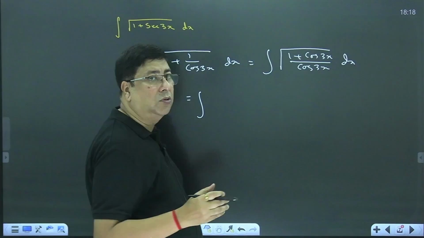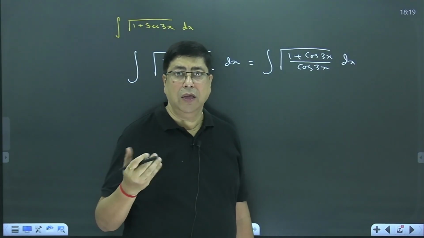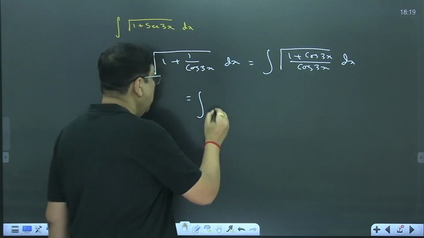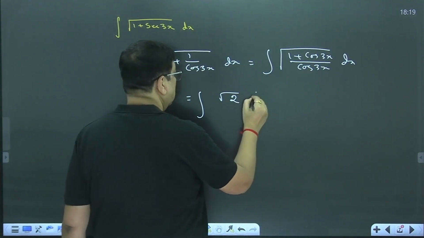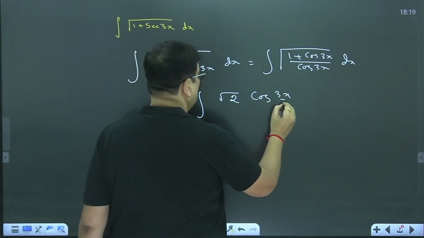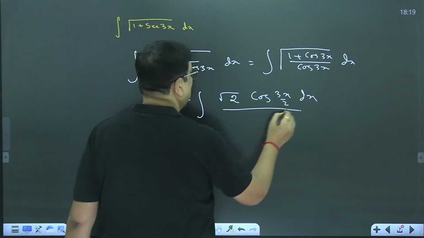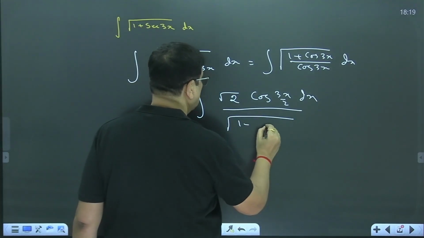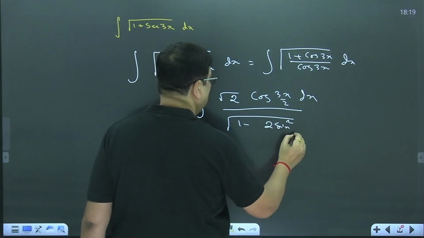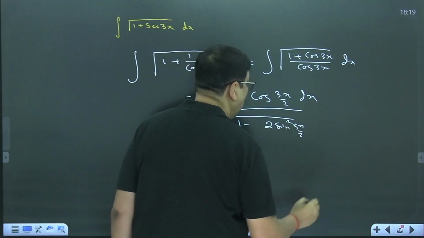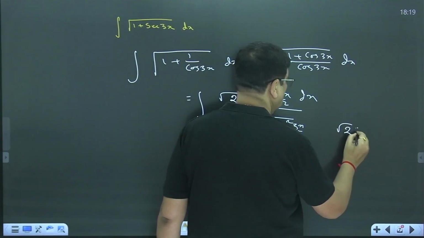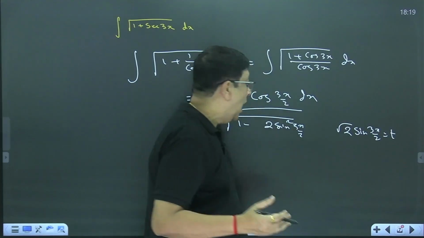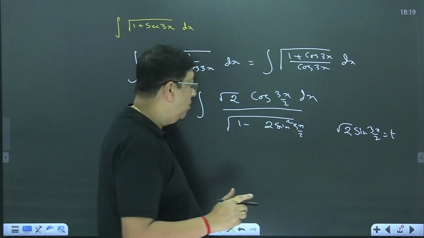So 1 plus cos 2x is 2 cos square x, so 1 plus cos 3x is coming to be root over 2 cos 3x by 2 dx. And in this case, whose derivative, the same thing, 1 minus 2 sin square 3x by 2. So I have to take, same as before, root 2 sin 3x by 2 equal to t.